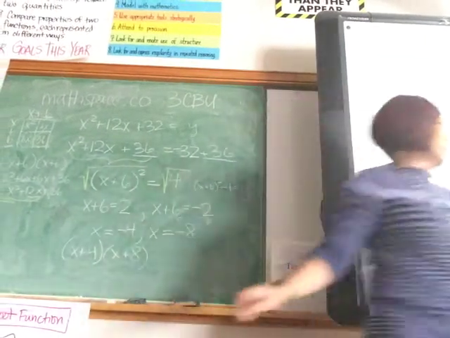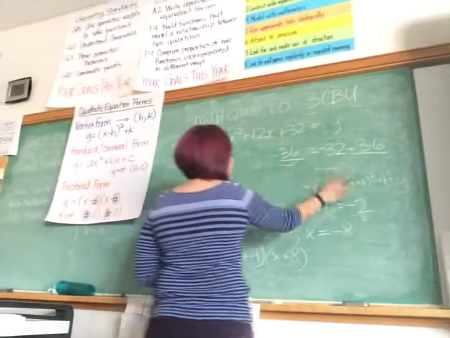All right. So x squared plus 16x equals 36. Notice they already have it moved over to the other side for me.